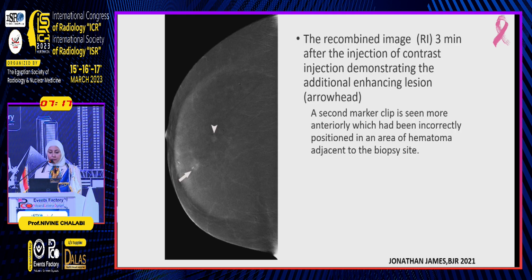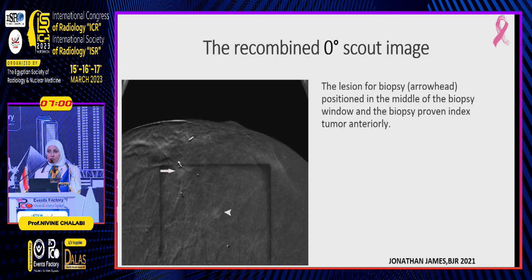However, it was not in the right place, because after inserting the clip, it was found that it was inserted in the hematoma anterior to the index mass. However, the suspicious focus was posteriorly located. So a diagnostic contrast-enhanced mammography was done, and the lesion was centered in the paddle.